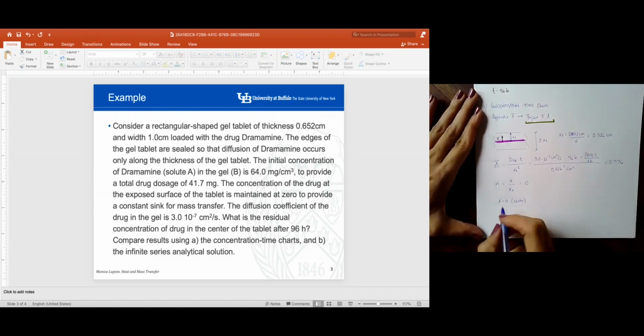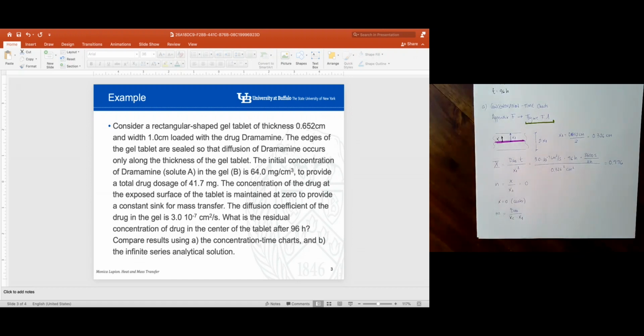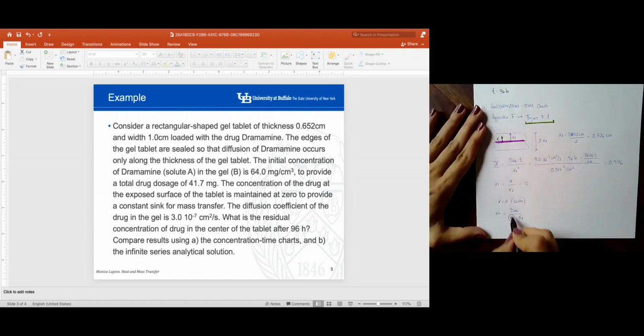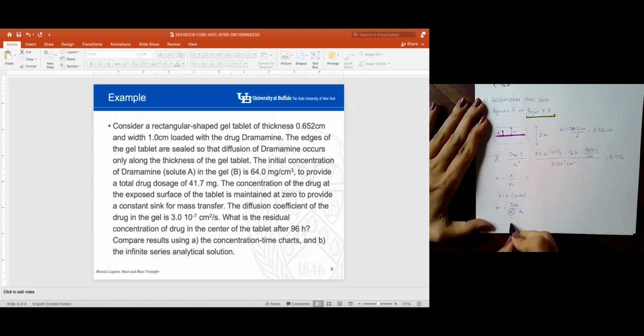The next parameter will be m, and m is defined by the diffusion coefficient over the convective mass transfer coefficient Kc times x1. Now, this is the convective mass transfer coefficient.